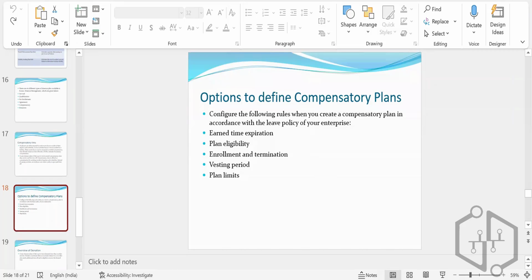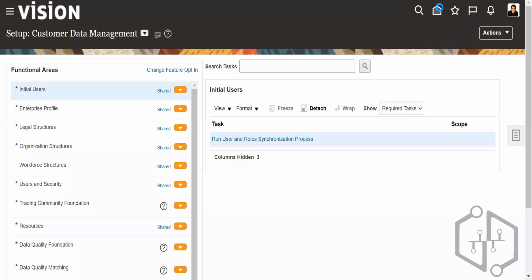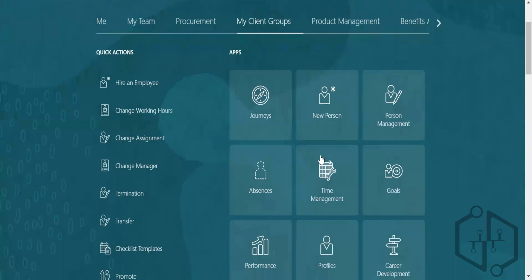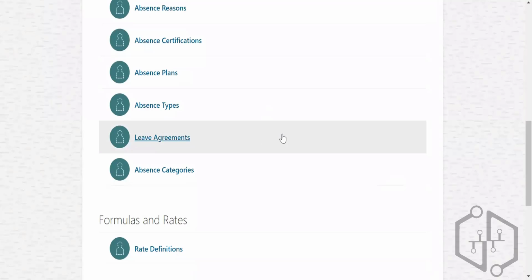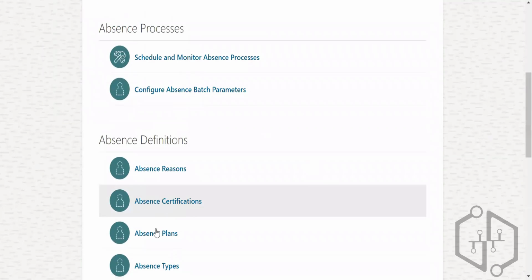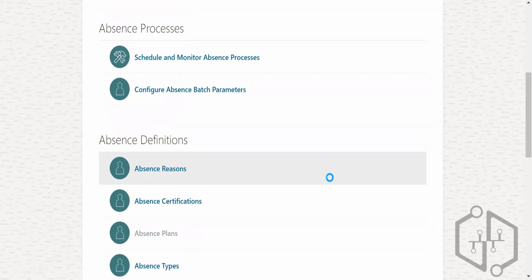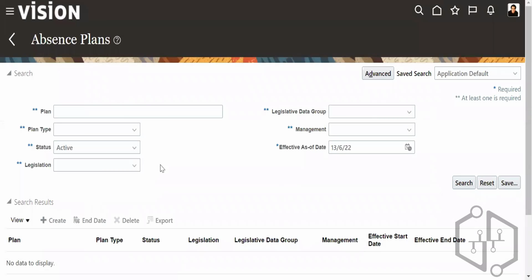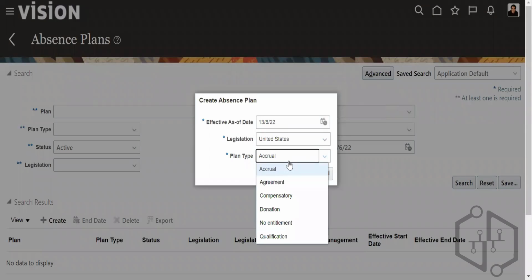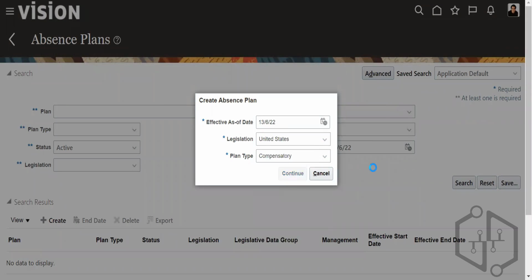You can go on the screen, go to absences, absence plans. You can see compensatory, right?